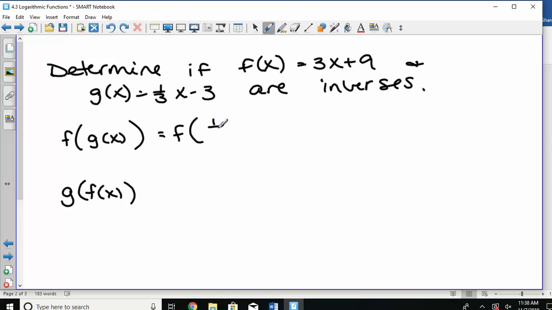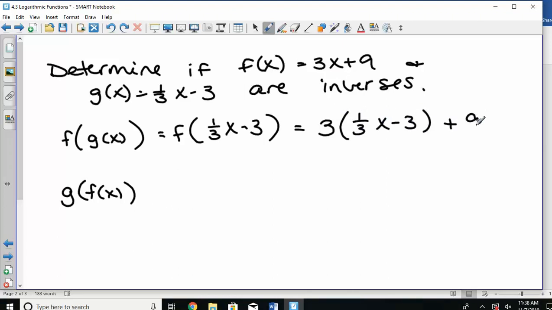So F of 1/3 x minus 3. Plug that into F, so 3 times 1/3 x minus 3 plus 9. So I get x minus 9 plus 9, which is x. If one of them equals x, is that enough?